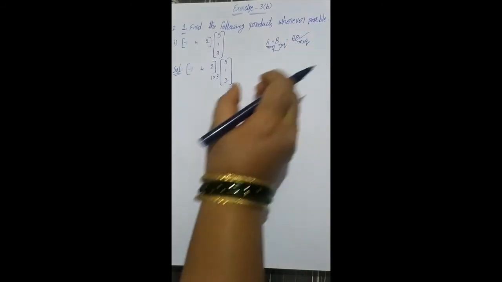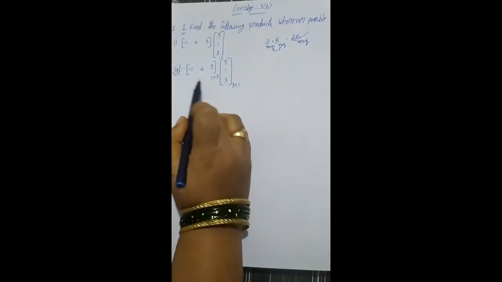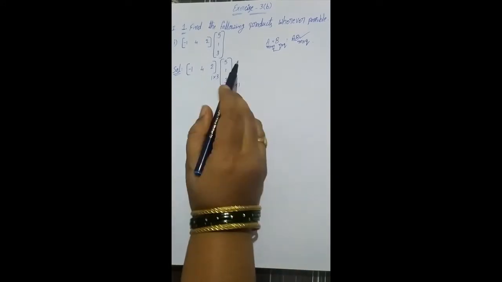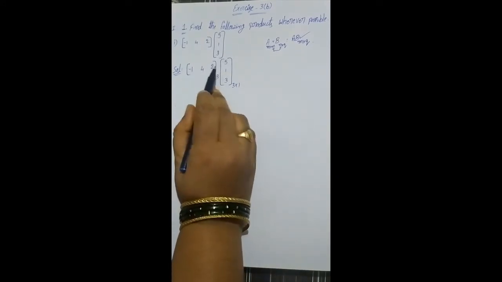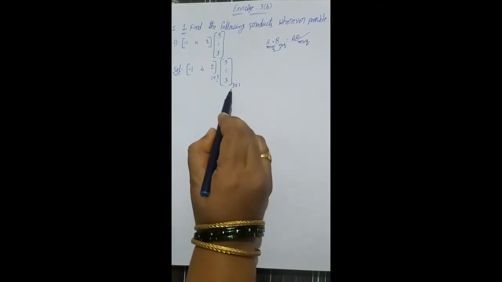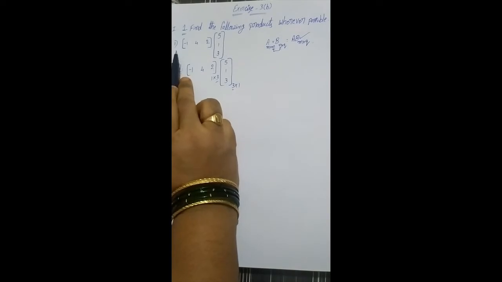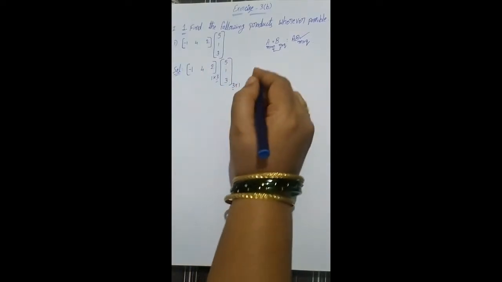In that way, by using this, the first matrix order is 1 by 3, second matrix order is 3 by 1, and the first matrix number of columns is 3, the number of rows of the second matrix are equal, then the given first subproblem product is possible.